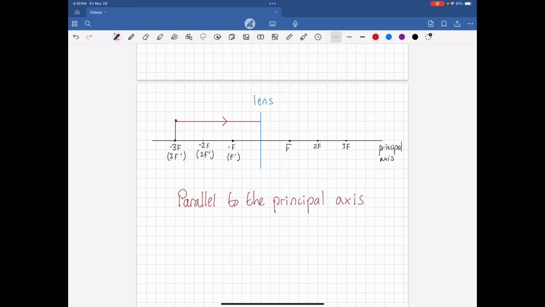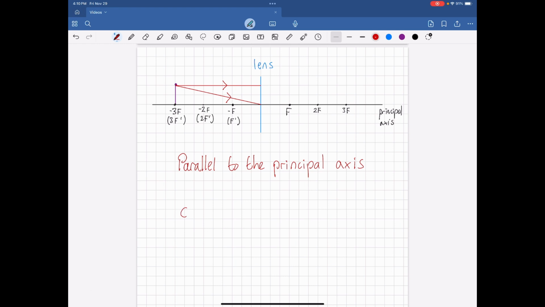The second one we draw is one that passes to the exact center of the lens like that. And then the third one that we draw is a light that passes through F dash, negative F dash, sorry, on this side there.